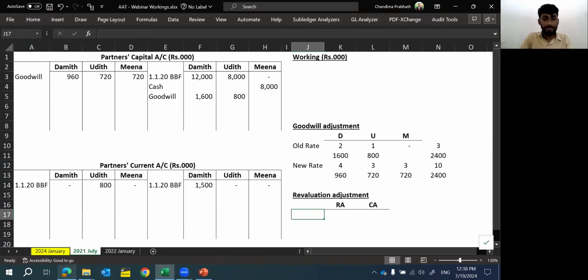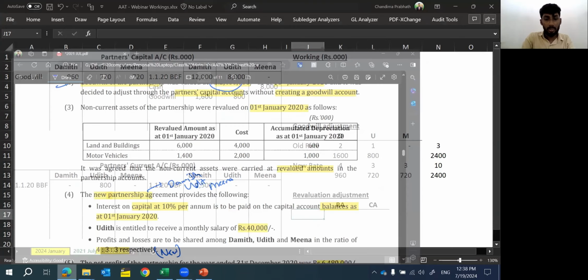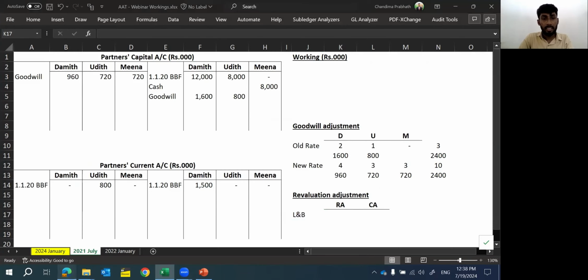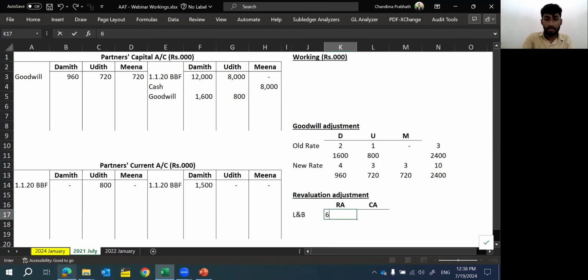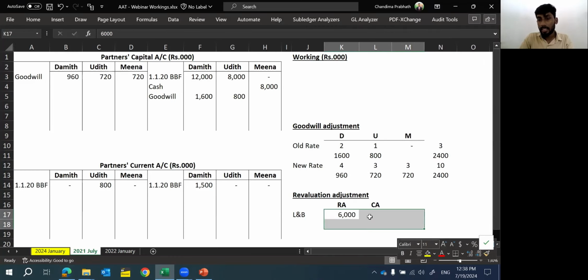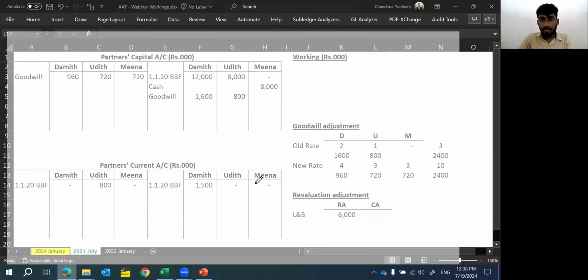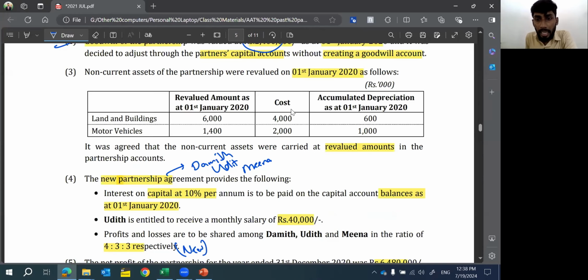First one, we have land and building, L and B. Revalued amount 6,000. But let's check the carrying amount. They have mentioned 4,000 as the cost and accumulated depreciation 600.